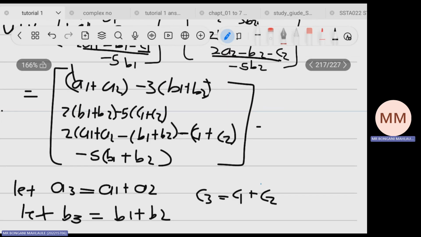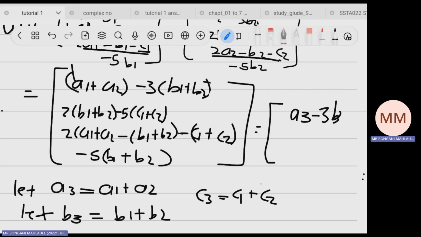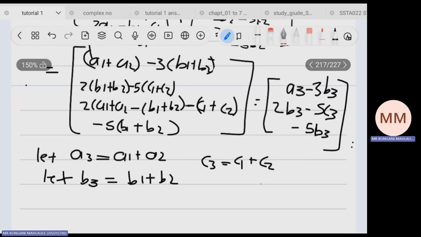So if we do that, our resultant matrix will be A3 minus 3B3, 2B3 minus 5C3, negative 5B3. That will be the result, and this is an element of W.